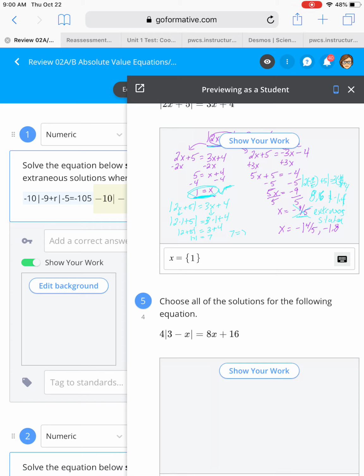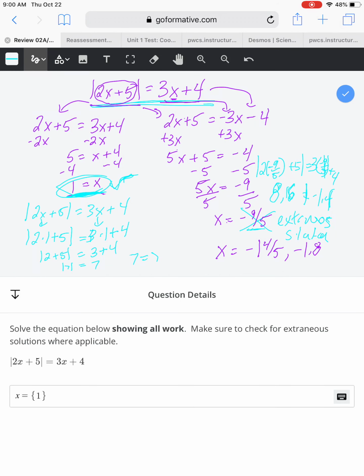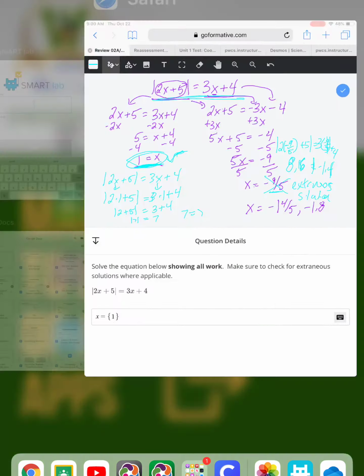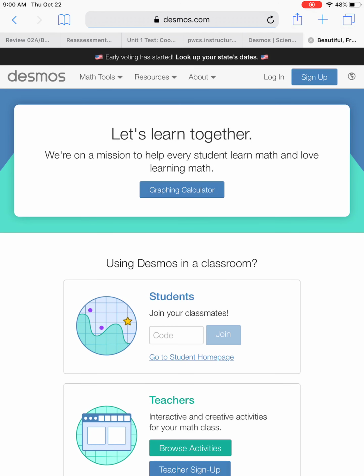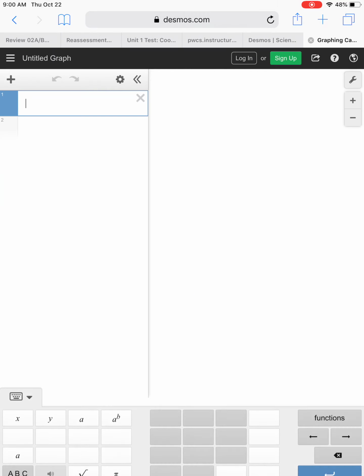One other thing that you could do is you could also use graphing. It's the absolute value of 2x plus 5. So I'll show you. We'll go to Desmos, the graphing calculator.